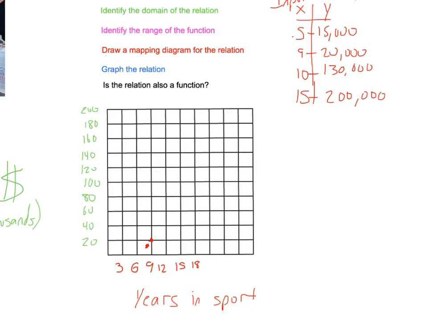Then I've got to go over to 10 up to 130,000, so 10 is approximately right there, and then 130,000 is right about there. Then lastly 15, 200,000, over to 15 up to 200,000. So there we go.